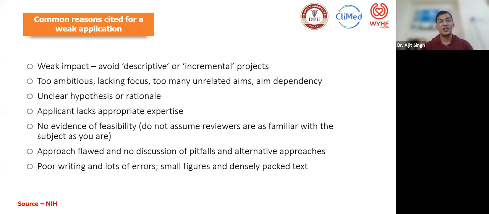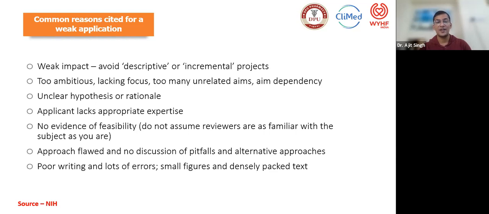So mention all the limitations, like maybe you cannot ask for 1 crore, or your facilities are a little less, or maybe you cannot continue after 3 years, or the feasibility is 5 years but the grant is only for 3 years. You are lacking some expertise, so there must be some limitations of your project. You have to mention those.